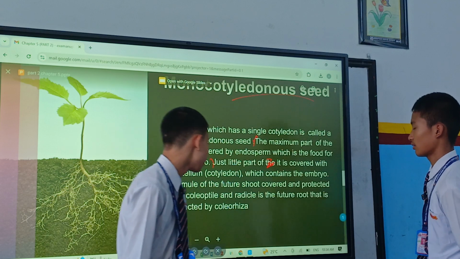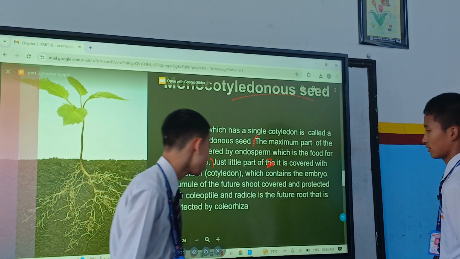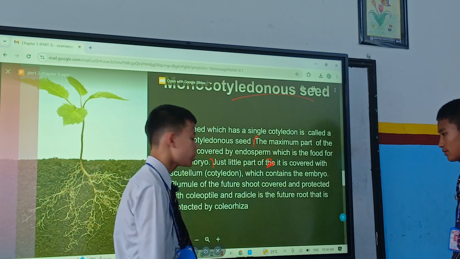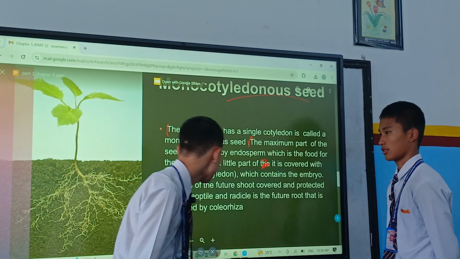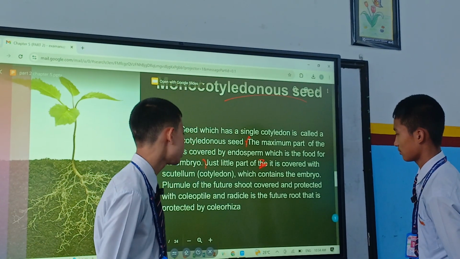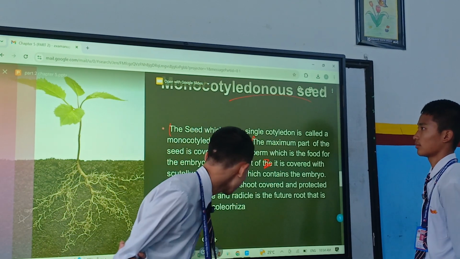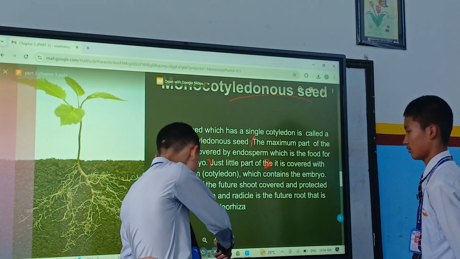Plumule is the future shoot of the plant that is covered with coleoptile, and radicle is the future root of the plant that is protected by coleorhiza.